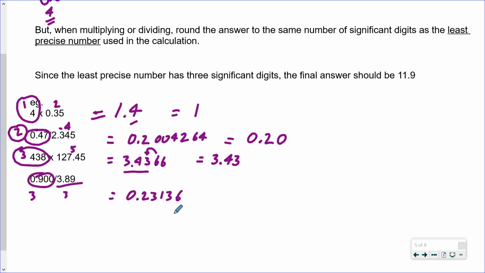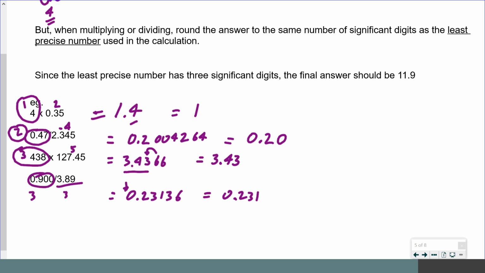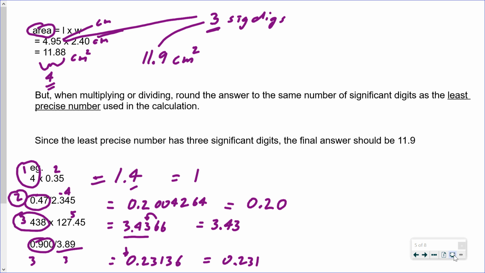So our final answer is 3. Okay, remember this one here, we don't count. Need to be careful with that. So we have 0.23136. 2, 3, and we get one more. The 1 is followed by 3, so we don't bump it up, and we end up with 0.231. And we'll leave this one for another lesson on scientific notation.